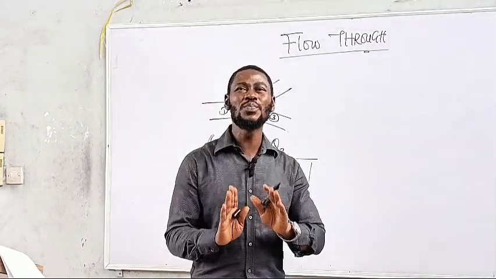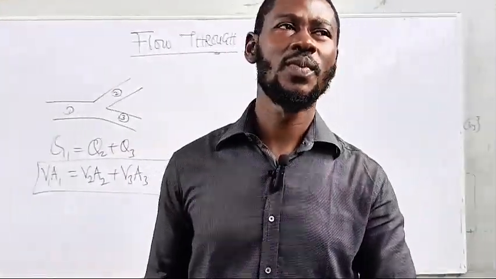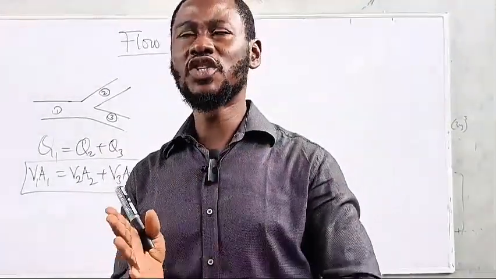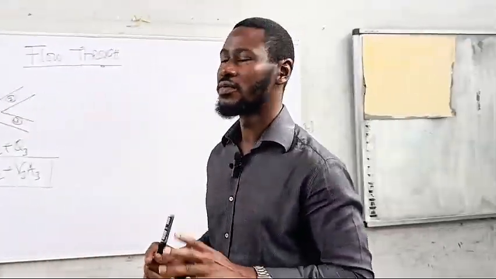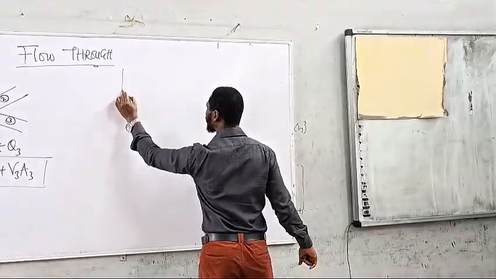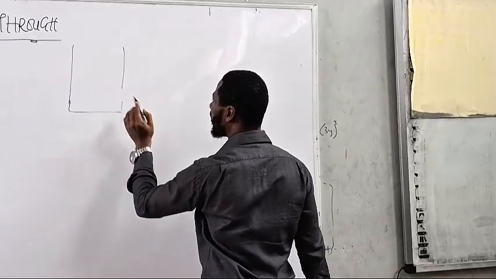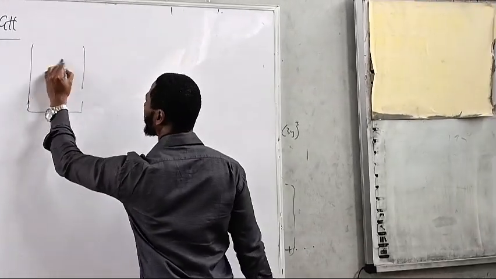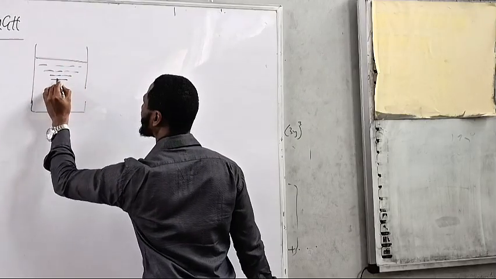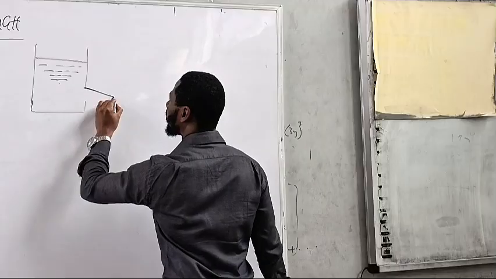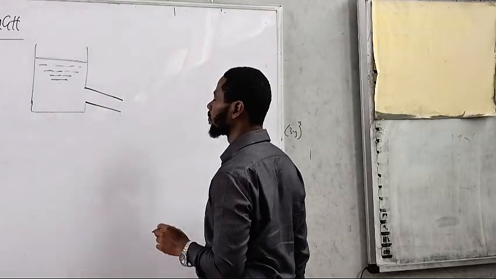Now let's look at a simple schematic that shows some of the things that I have mentioned concerning the minor head losses in pipe. We have a reservoir that is discharging water to pipe 1.